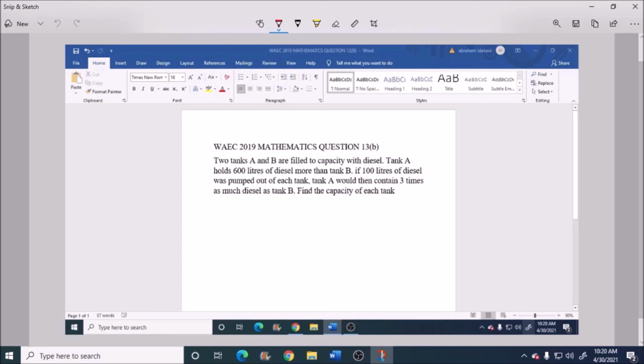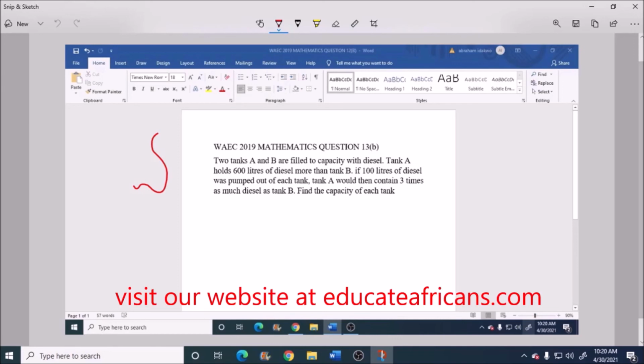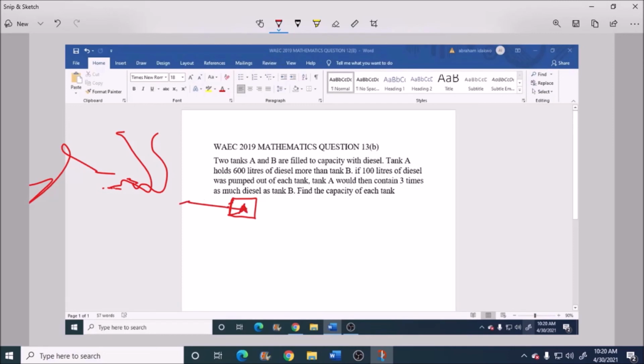Now, to find the capacity of each tank, let's have tank A and tank B. Tank A is x plus 600 liters, and tank B is x liters.